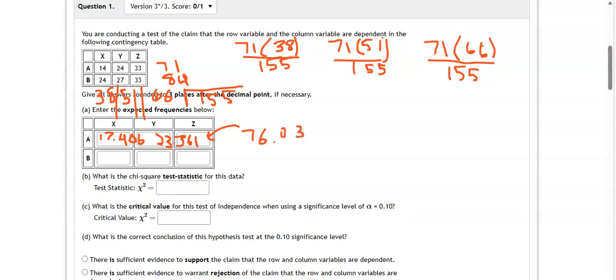Now we're going to do the exact same thing for the next ones. I won't write them out as I did here, but for 24, across from it is 84, and the column total below is 38. 84 times 38 divided by 155. And that is 212.80.